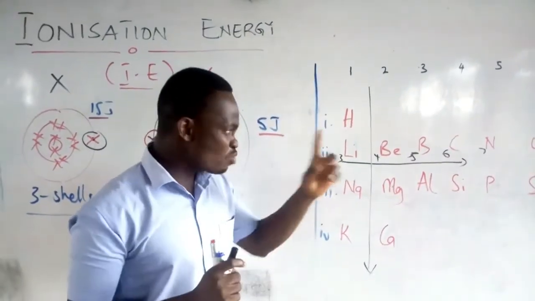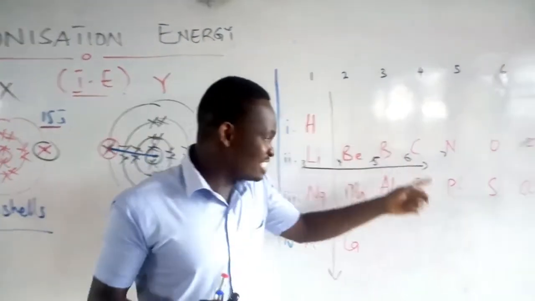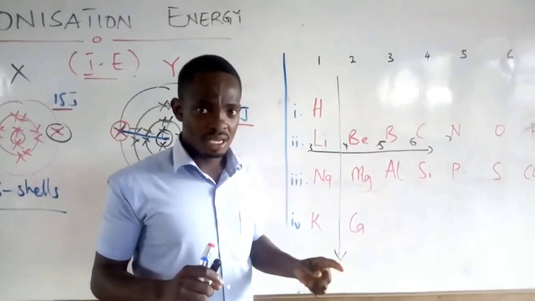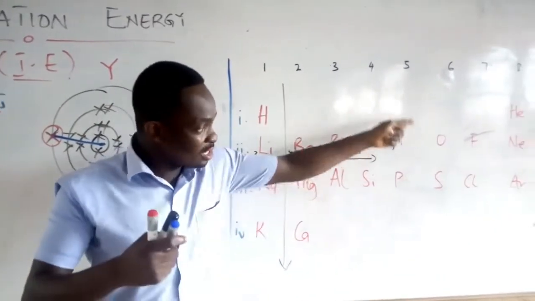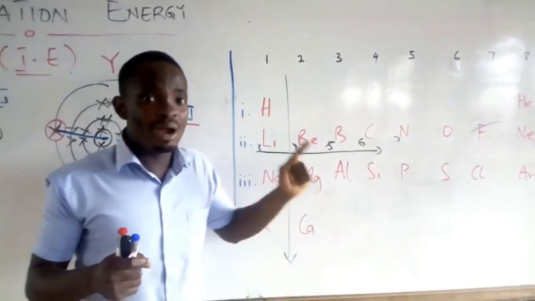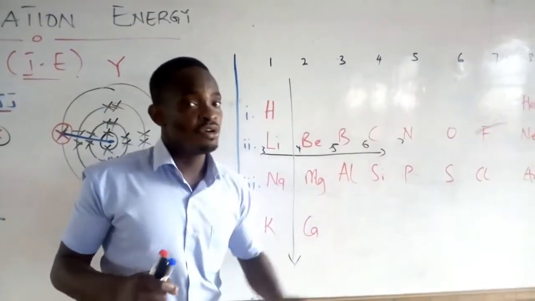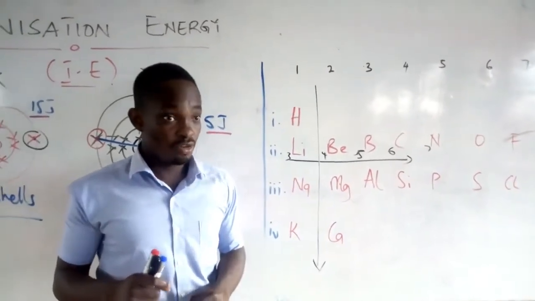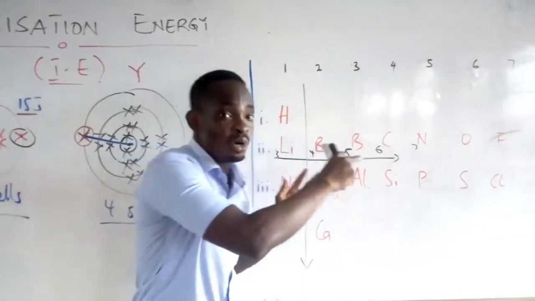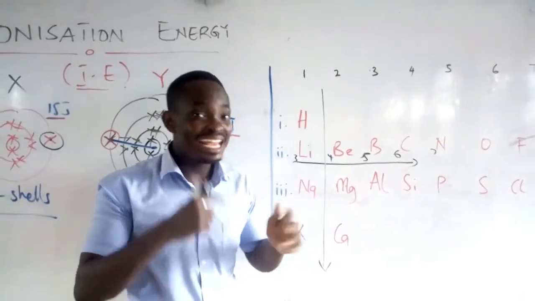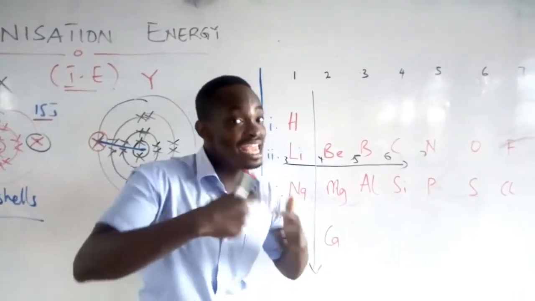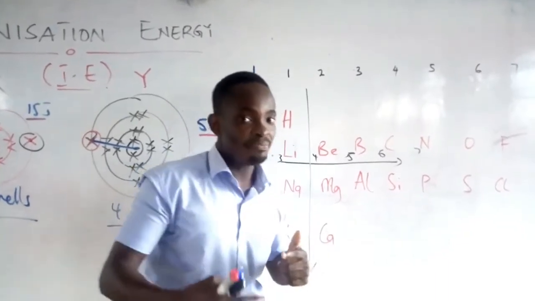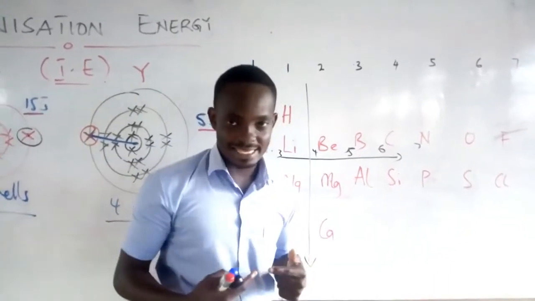Now we are saying that because there is an increase in nuclear attraction and a decrease in size, more and more as you go along the period, it becomes more and more difficult to remove the outermost electron, which means that across the period there is an increase in ionization energy due to the increase in nuclear attraction and the decrease in atomic size.